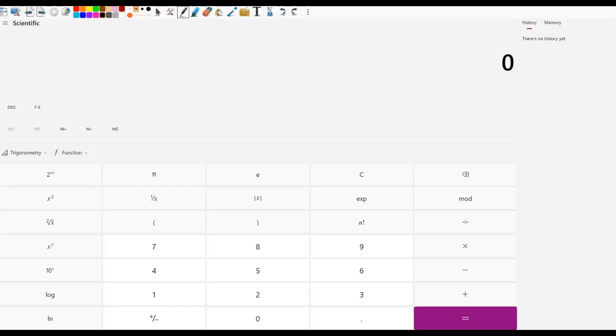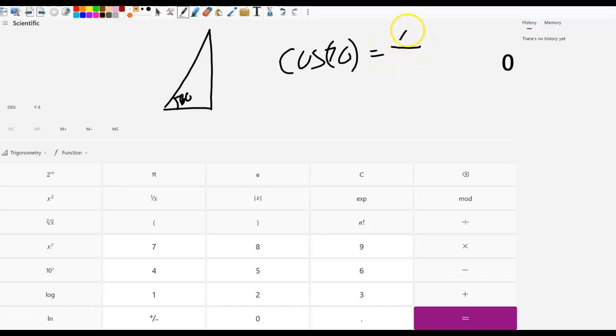So once again, I want to know what is cosine of 70. You don't have to write this down. I want you just to look. I want to know what is the cosine of 70. In other words, no matter how big that triangle is, what would the adjacent over hypotenuse be? What would that ratio be?